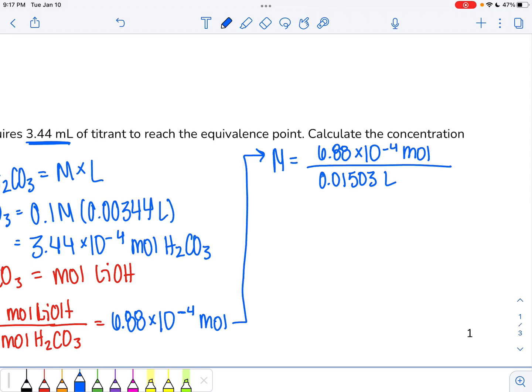So when we plug this into our calculator, we end up with a concentration of 0.046 moles per liter. So this is the concentration of our base.